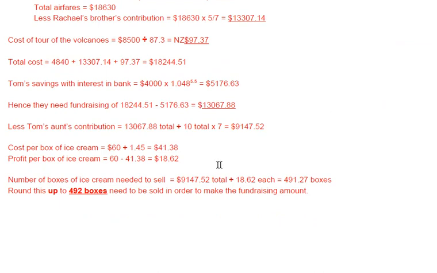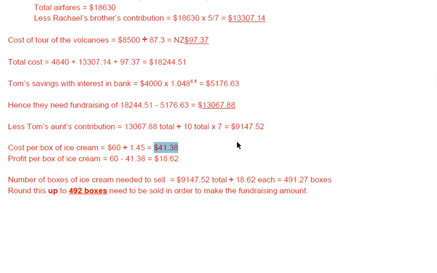So $60 divided by 1.45 will give you the value that has that 45% removed from it. Okay, so removing the 45% that was put in earlier on. That's our value without the 45%.